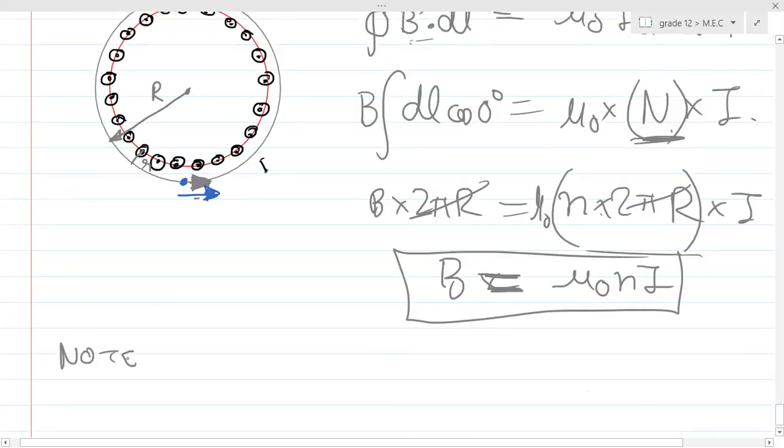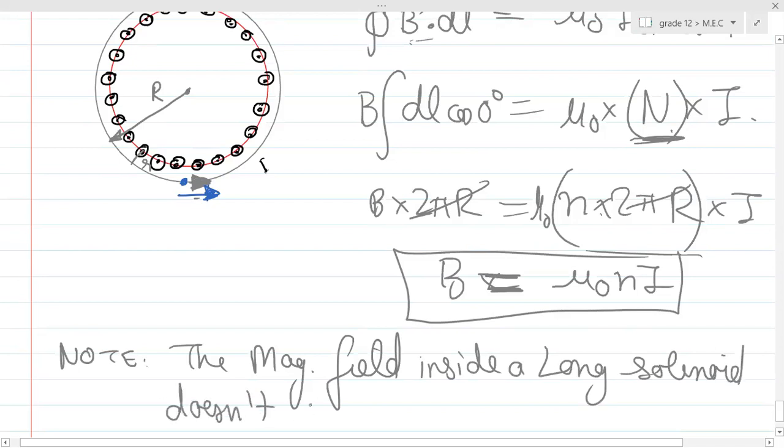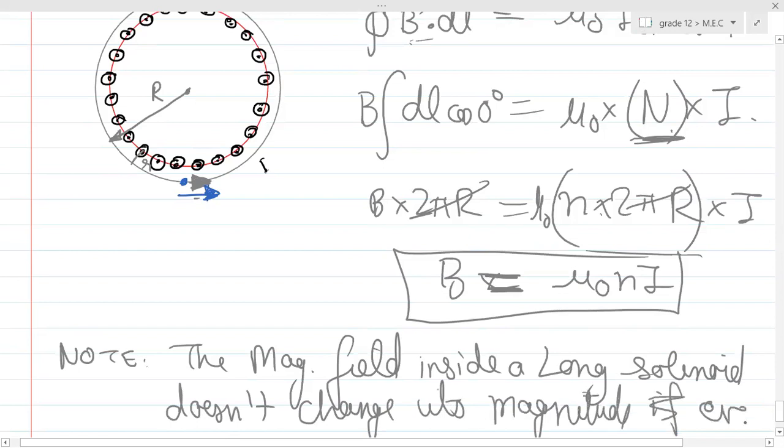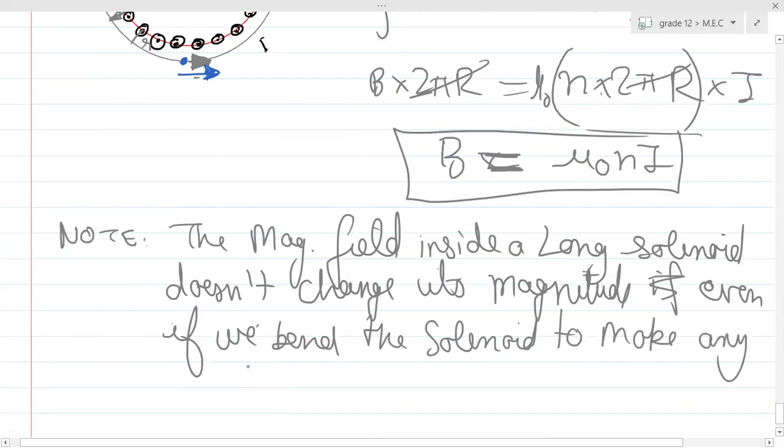So please remember, note that the magnetic field inside a long solenoid doesn't change its magnitude even if we bend the solenoid to make any shape, it's just the direction.